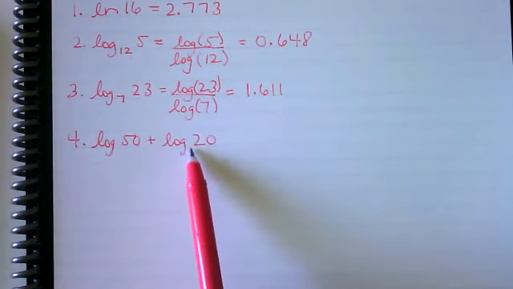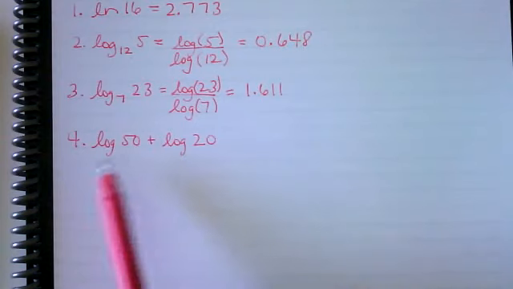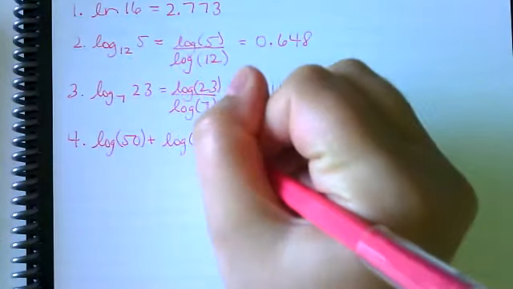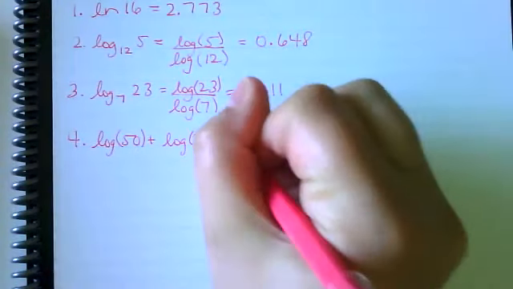Here, I don't have a base. So I can plug each of these into my calculator individually if I want to, or I can just plug this whole thing straight into my calculator. Just remember to put your parentheses in there. When they give you a question, they don't have to show you the parentheses, but you need to know that when you're plugging in, you need to put those parentheses in there. So we're doing log 50 plus log 20, and we actually just get 3 here.